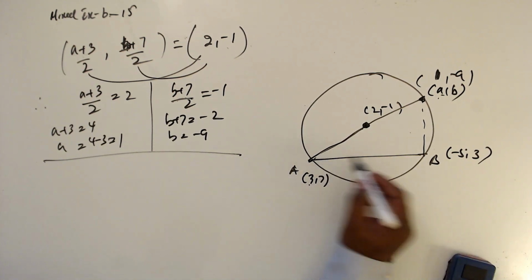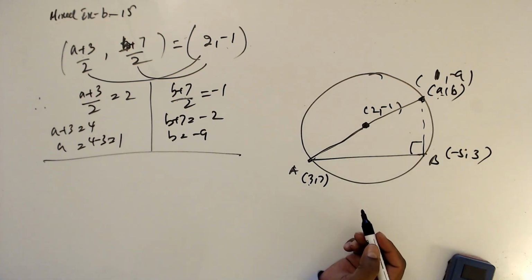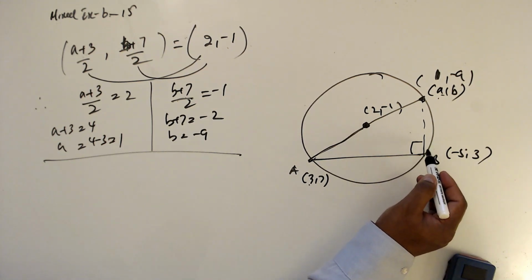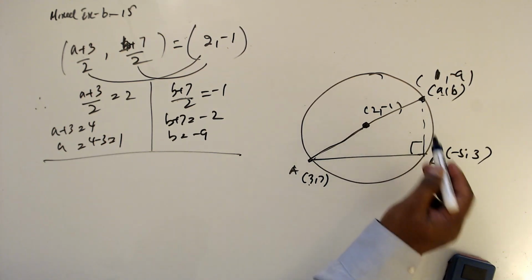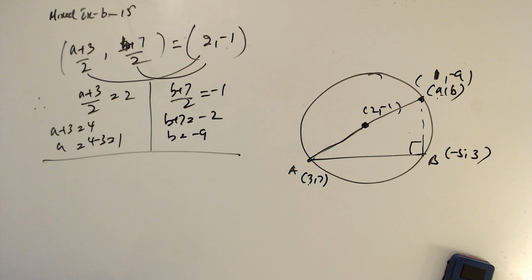Now from the circle theorem, the angle subtended by a diameter at the circumference is 90 degrees. Okay, now this is a right angle triangle.